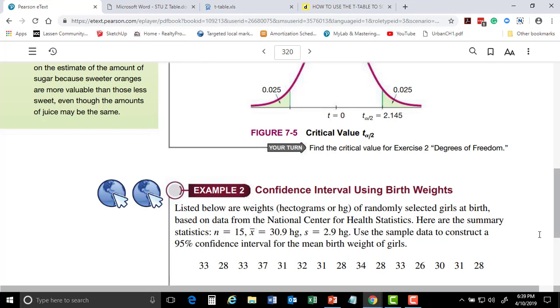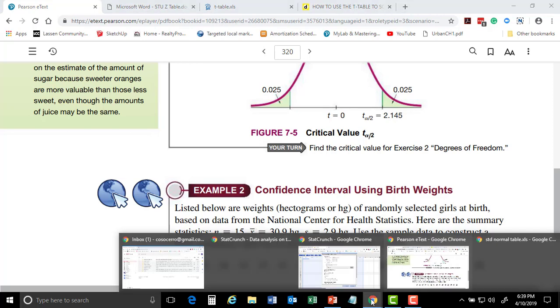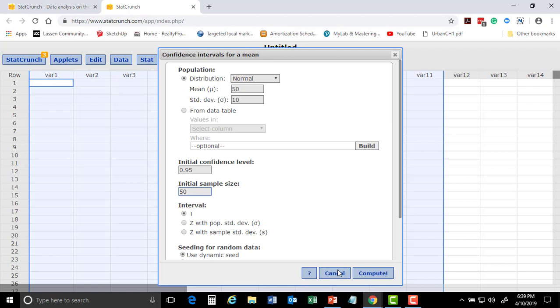Let's go back here, and that was how much? 30.9. So we got 30.9, and then the standard deviation was what?